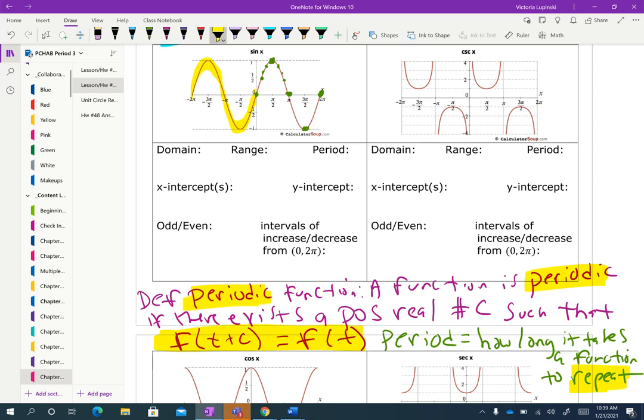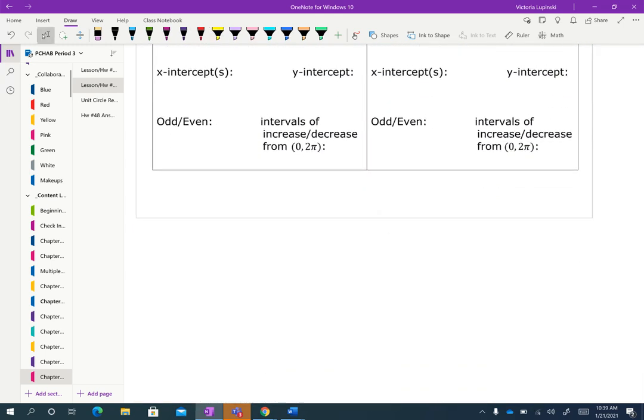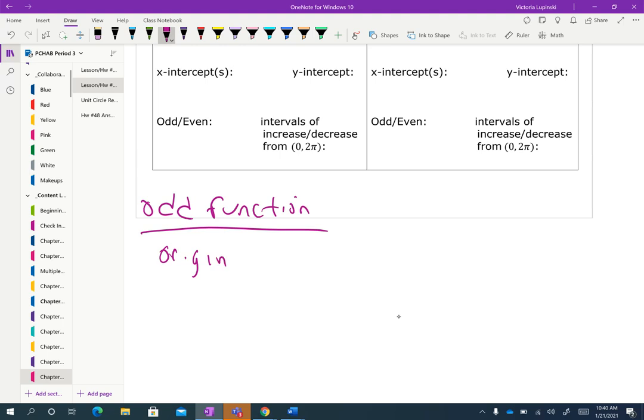Then there's a second piece of information I'd like to remind you of, and that's the difference between something being odd and being even. So you might want to write this at the bottom of the back page where there's some space. So to remind you what it means to be an odd function, it means two things. First, it means that the graph has to have origin symmetry.